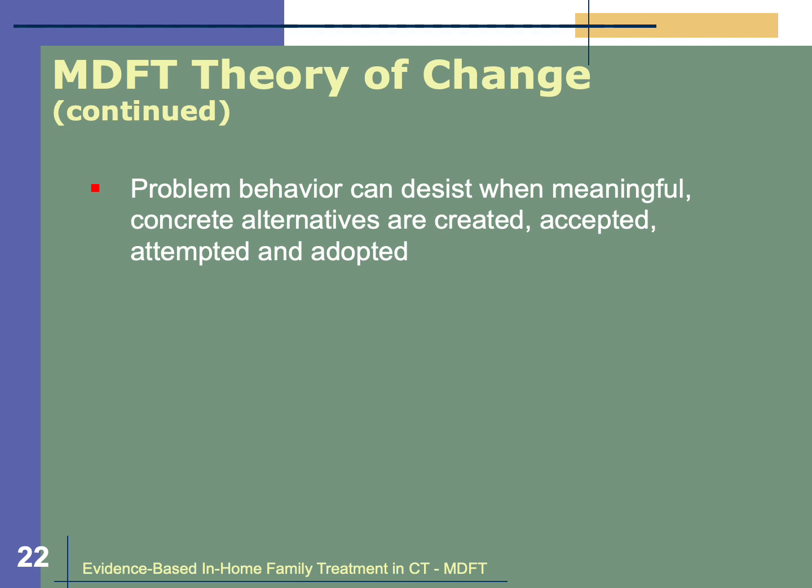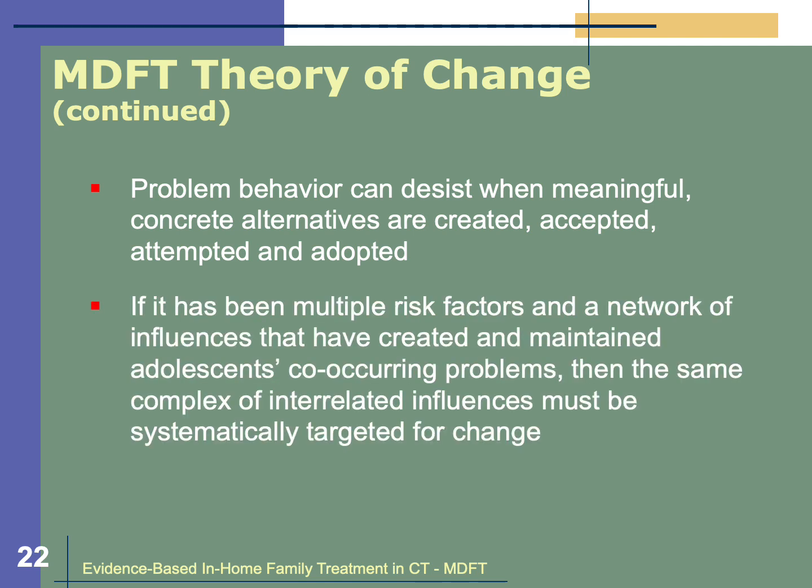And so ending problematic behavior becomes meaningful if there are concrete opportunities to engage in something else. What that means is that if I can learn to go someplace and do music mixing, that can be an alternative to hanging out with my friends on a corner smoking weed.